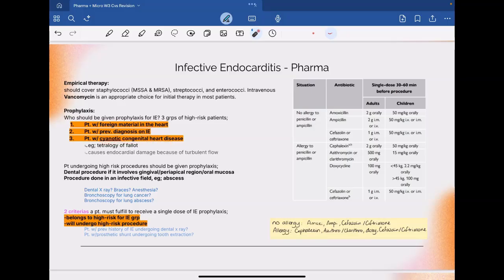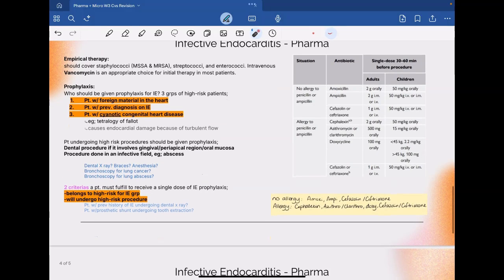Cyanotic congenital heart disease, just like tetralogy of Fallot, allows the blood to regurgitate, and with this regurgitation, the blood's going back and forth. It causes micro scratches in the endocardium of the heart. And these micro scratches allow the bacteria to settle and thrive and cause vegetations. Basically, turbulent flow causing all of this.